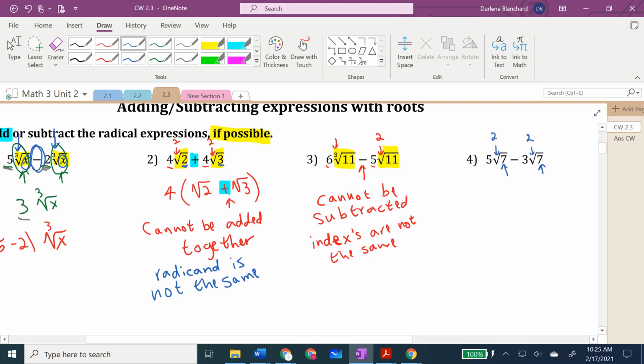If they are identical, then you can look at this as the distributive property. Both terms over that subtraction have root 7. And you have 5 of those root 7s, and you're taking away 3 of those root 7s to get 2 of those root 7s.